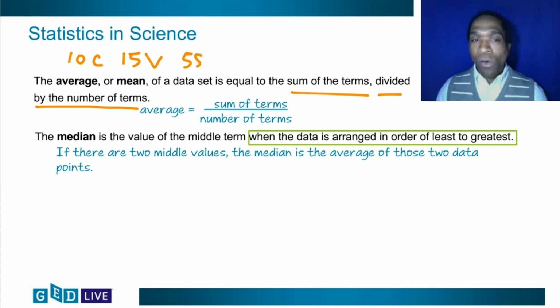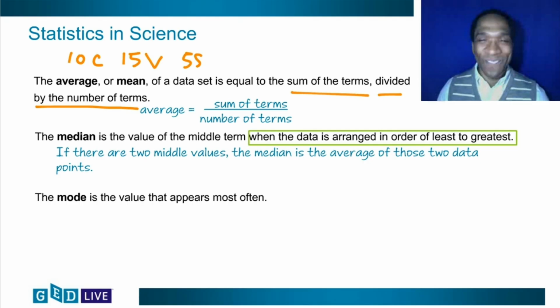Okay. Well, since vanilla has the most containers, it represents what term when it comes to statistics? Think about that. What term goes along with what appears the most? Well, that is the mode. It's the value that appears most often.